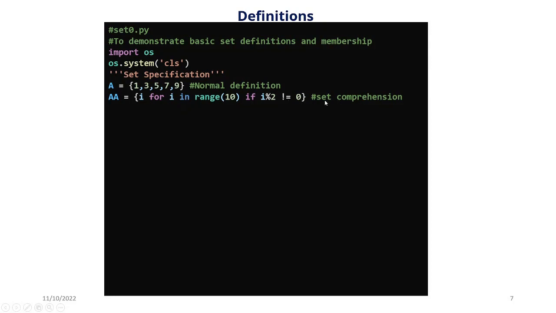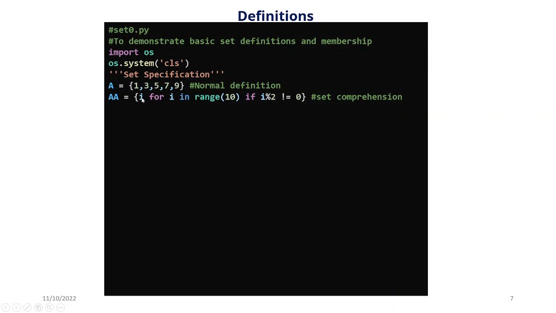What you see here is what we call set comprehension in Python. The members of AA will be any i for i in the range 10, that is 0, 1, 2, 3, 4, 5, 6, 7, 8, 9, if and only if i modulus 2 is not equal to 0. Certainly this will give you the odd numbers.